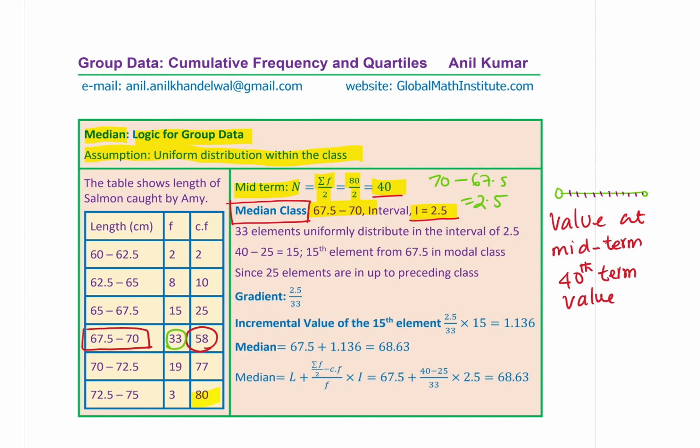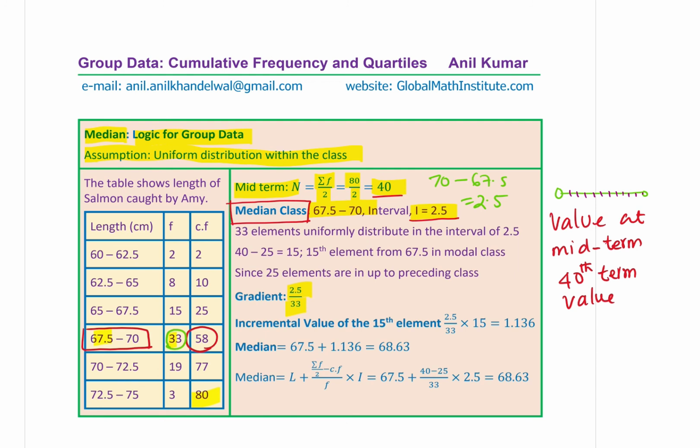So now, how do we estimate the length which represents the median? We have seen that it could be a value between 67.5 and 70. That gives us an interval of 2.5. Within this interval, we have 33 elements. Dividing that gives us the gradient for finding the value, that is the increment from 67.5.